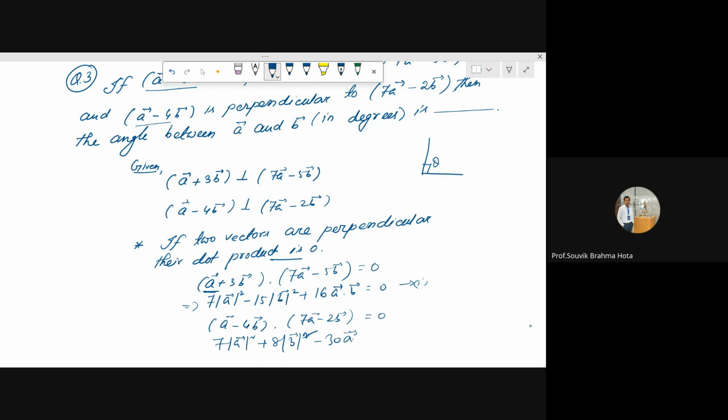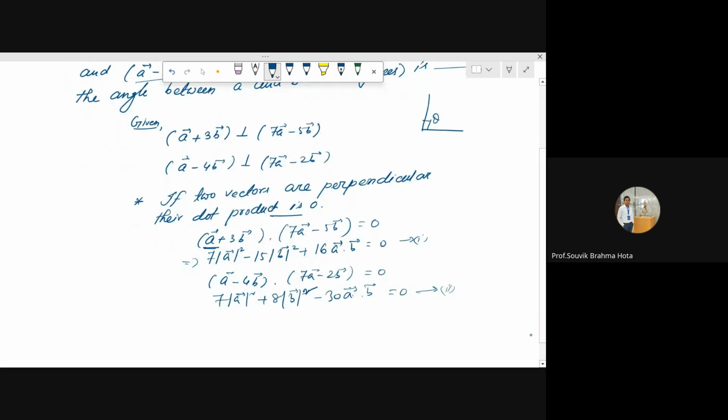30ab is equal to 0. So this is equation 2. Equation 1 is there, equation 2 is there.